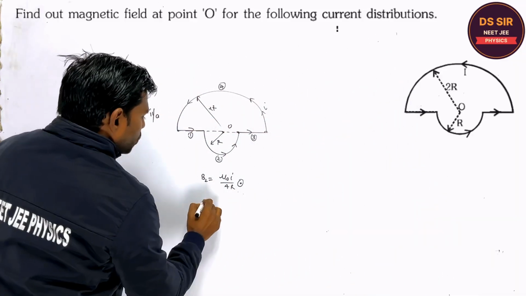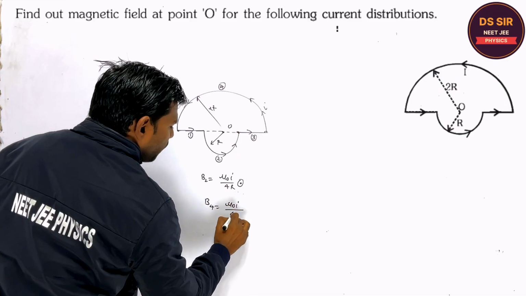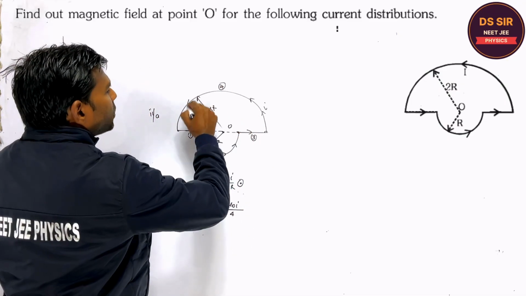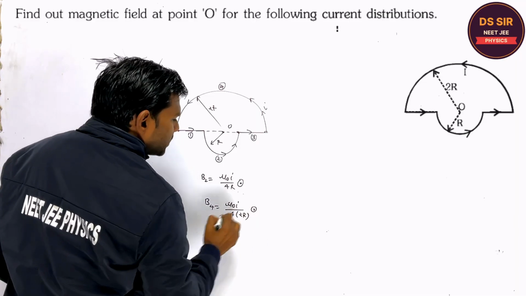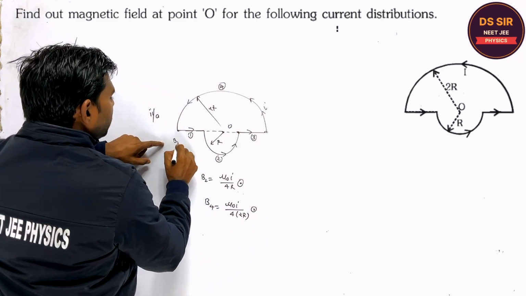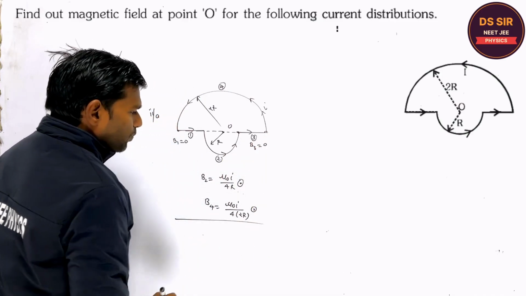So due to the fourth part, mu naught I upon 4R, but the radius of this semicircle is what? 2R. This is out of the board, and the B1 and B3 both are 0, right?